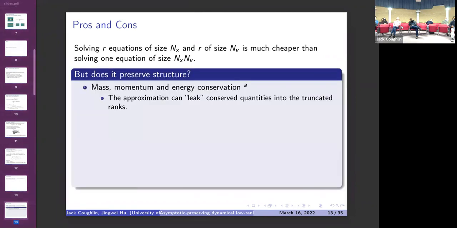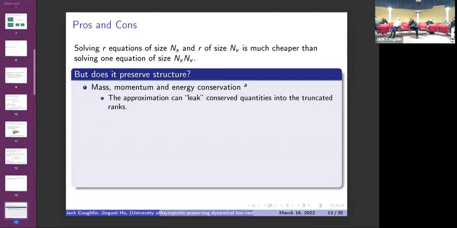But does it preserve the structure of the equation, right? All of these kinetic equations have really nice structure that we know from theory. The entropy decreases, they tend to a Maxwellian, and they conserve various quantities. So importantly, is it conservative? No, it's not.